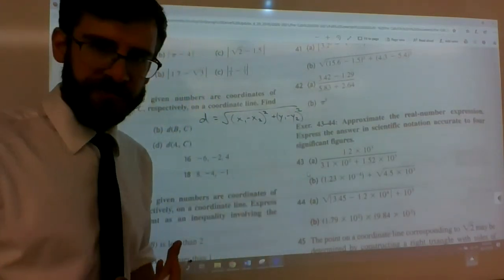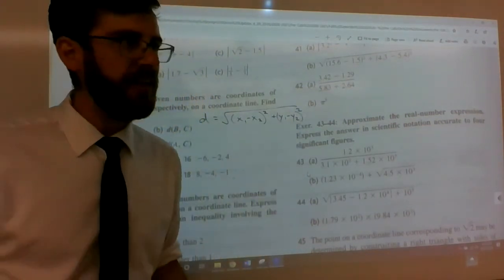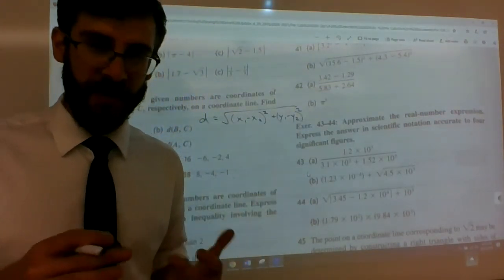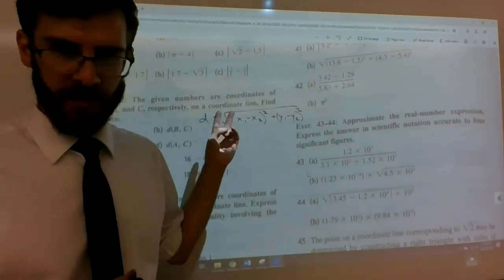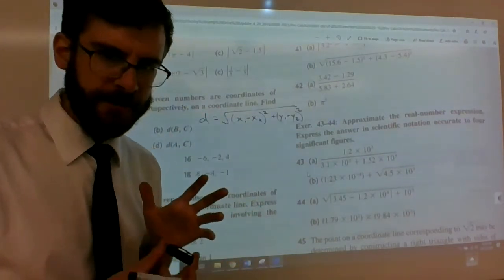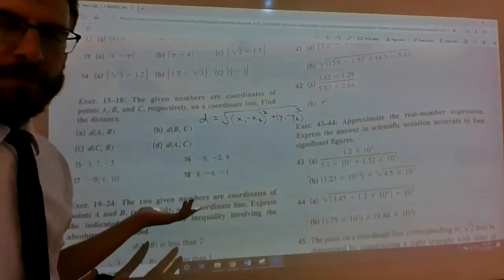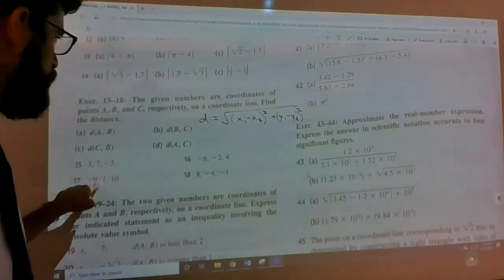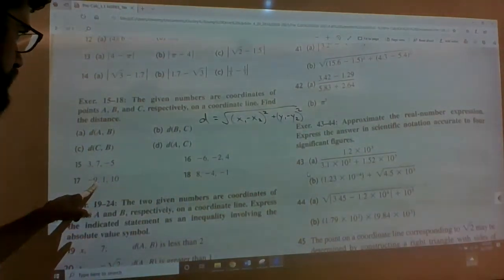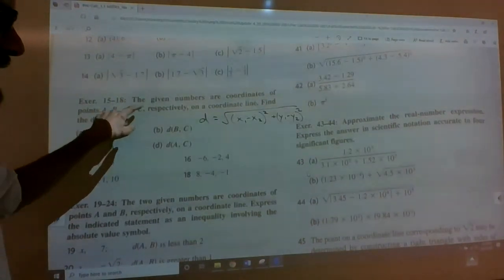It's actually the result of the Pythagorean theorem. If I get bored sometime, I might show you how the Pythagorean theorem and the distance formula are intertwined. So what they're basically saying is, take these coordinates, we're calling them A, B, C.